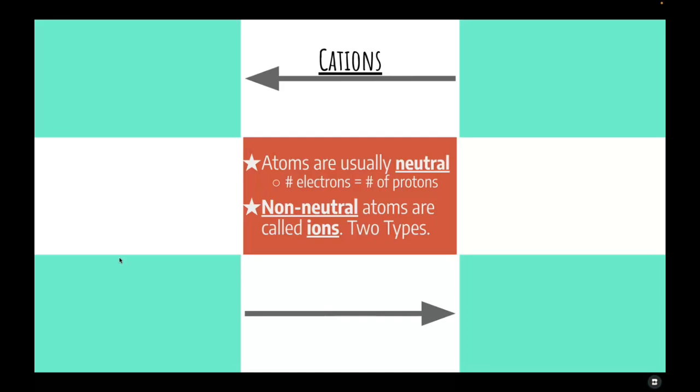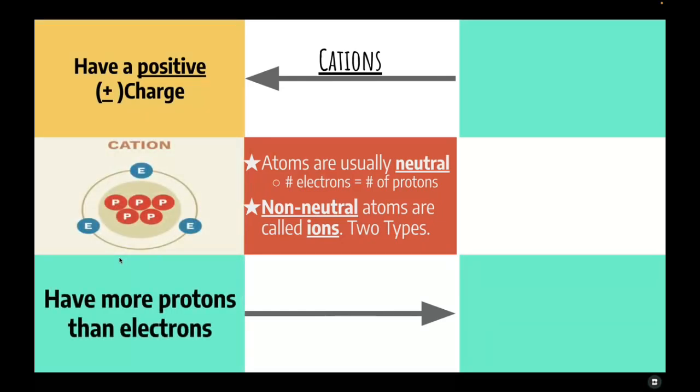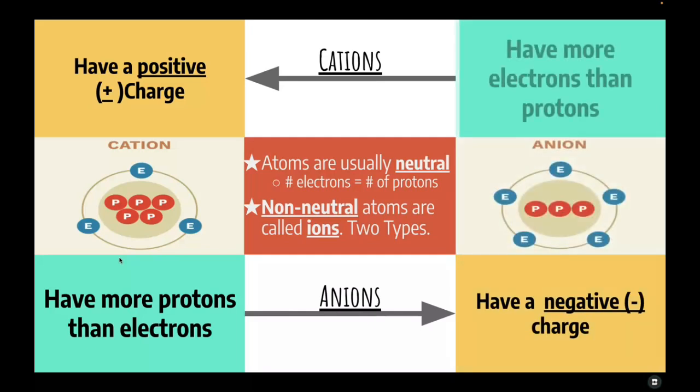We have cations that have a positive charge. They have more protons than electrons. And then we have anions, which have a negative charge and have more electrons than protons.